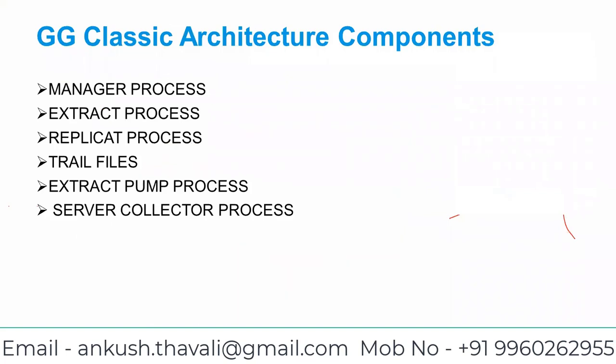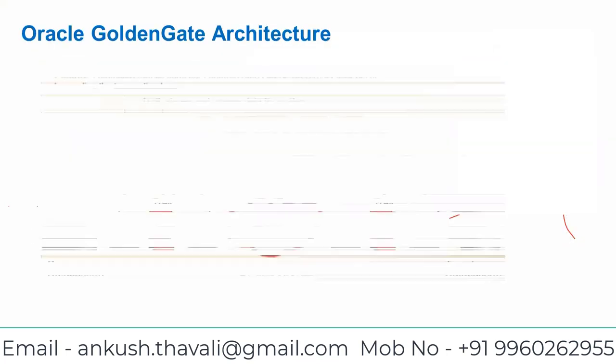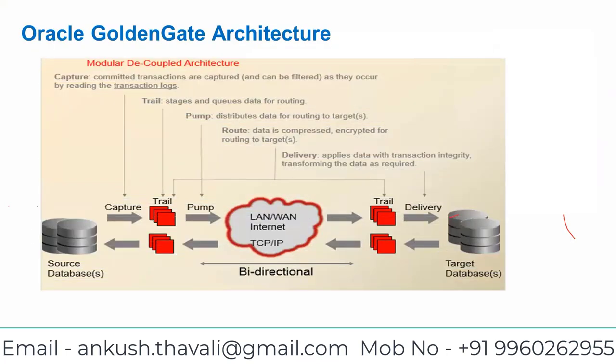So what are the different components available with Oracle Golden Gate classic architecture? Now you have seen there are three processes over here: capture, pump, and delivery process. Along with that, in Golden Gate environment, there is one more process which is called the manager process.